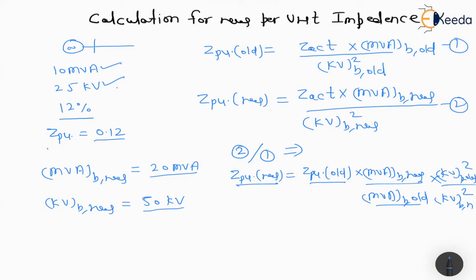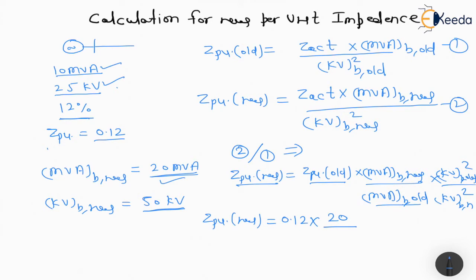So we are going to put the values. ZPU new will be equal to ZPU old, given as 0.12, into MVAB new, which is 20 MVA, upon MVAB old, which is 10, because on 10 MVA and 25 kV it was 12%. Now we need to find on the new base of 20 MVA and 50 kV.